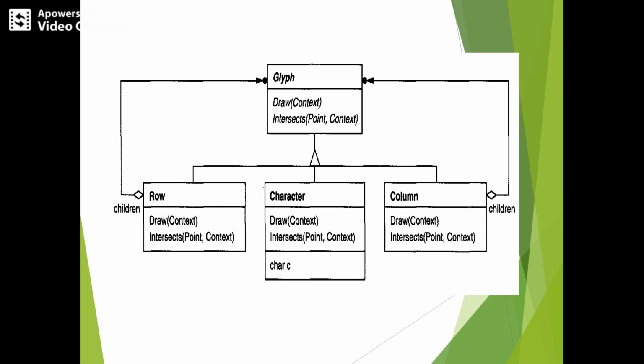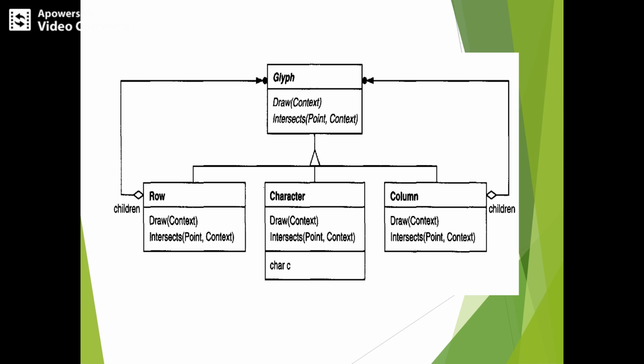So here is the diagrammatic representation of the glyph classes. We said that some of them may be flyweights, such as row or character. We have taken the character subclasses. Glyph is the main abstract class, followed by row, character, and column as subclasses of glyph. This may be taken as a flyweight pool design.